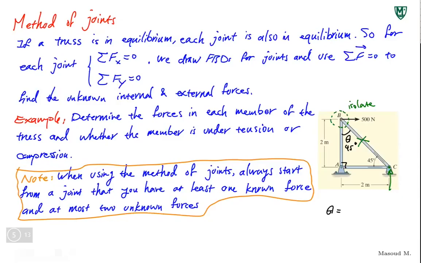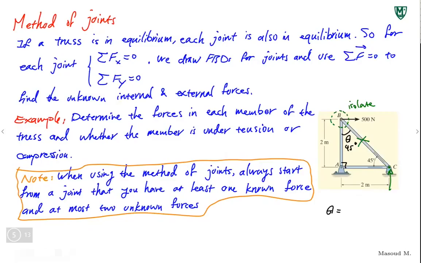So to find F_AC, I either can go to joint A or can go to joint C. Keep in mind that when using the method of joints, always use a joint that has at least one known force and at most two unknown forces. So at point A, I have two unknown forces. Right? Point A is a pin connection. So I have two unknown forces from the ground and another unknown force from AC.